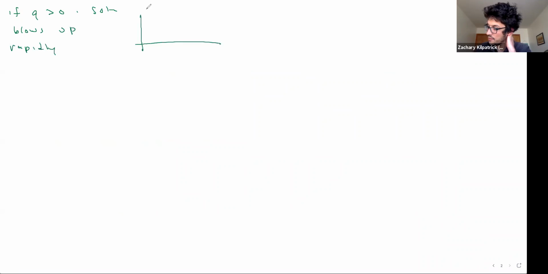Okay, so if q is greater than 0, then your solution is going to blow up rapidly, okay? So for instance, e to the square root q x over epsilon is going to rapidly climb even before getting to the right boundary there, okay?